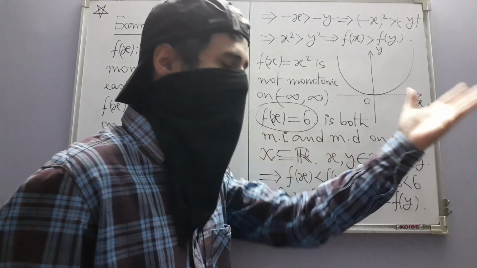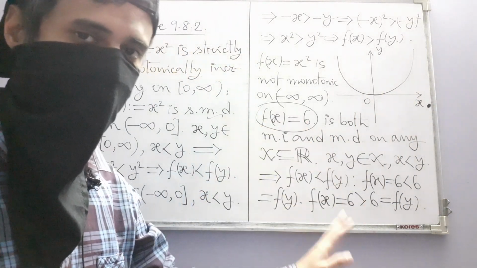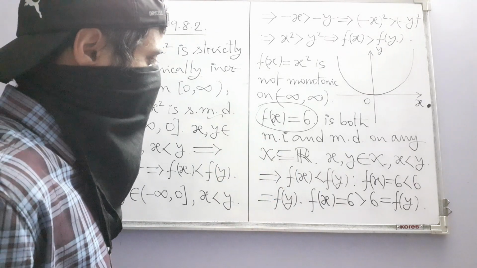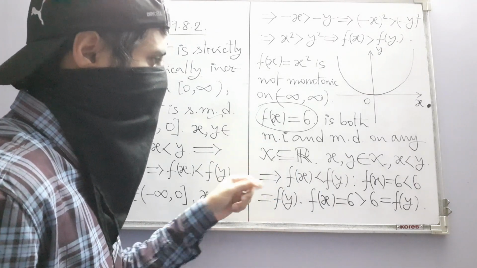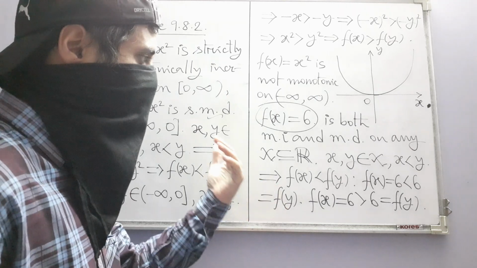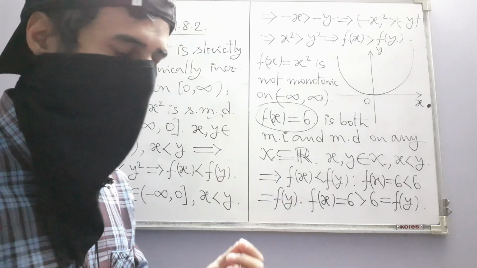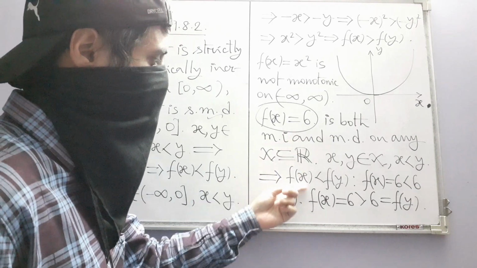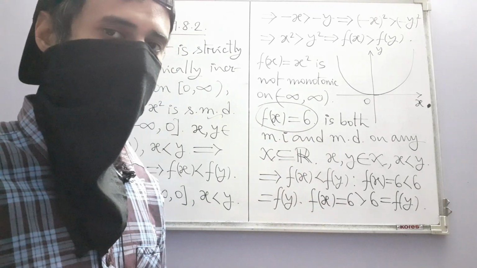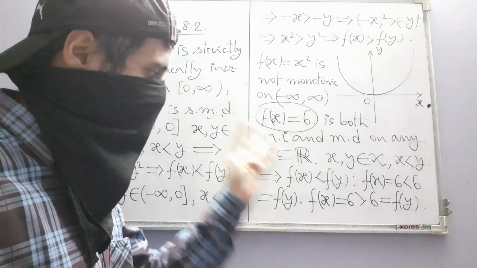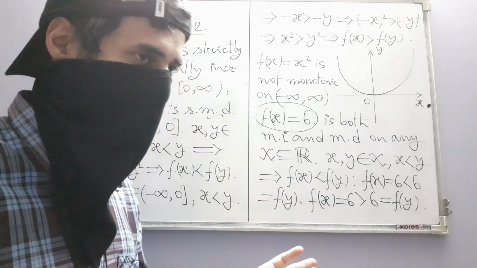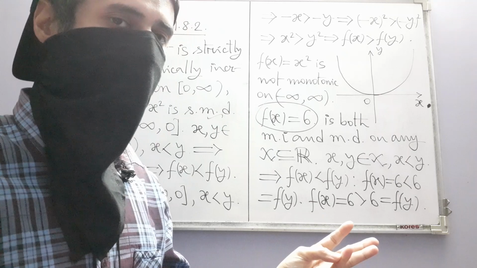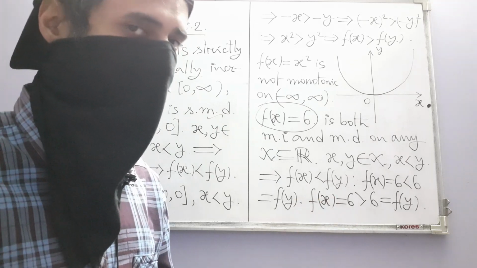So the hypothesis is again false, and that's why the implication is vacuously true. So in those two cases, if x is the empty set or any singleton set having only one element, this constant function in this very strange way is monotonically increasing, monotonically decreasing, strictly monotonically increasing and strictly monotonically decreasing.